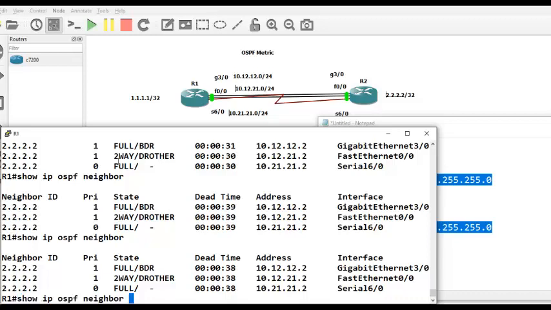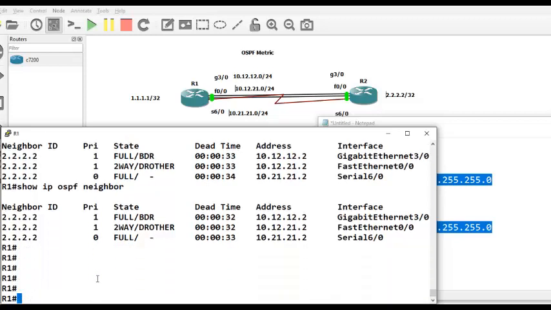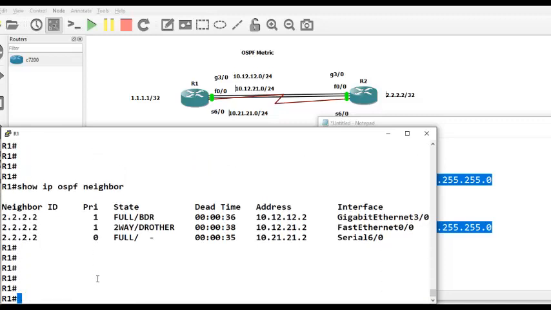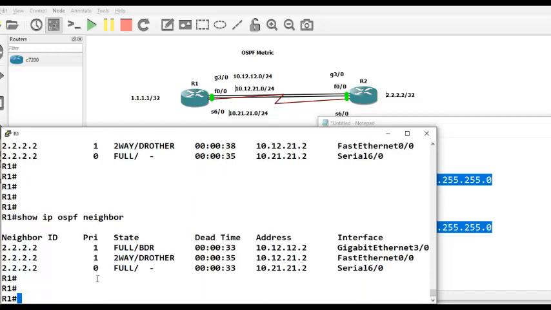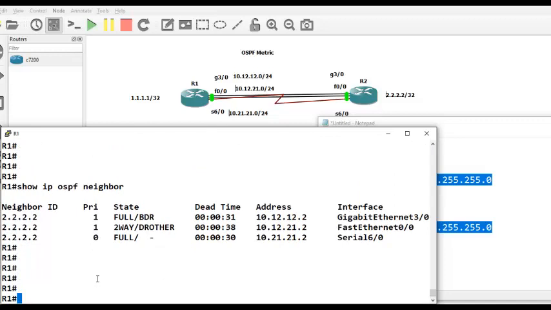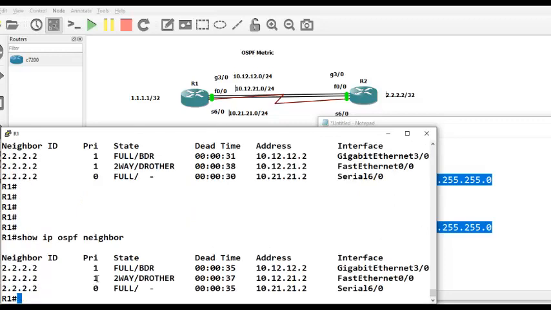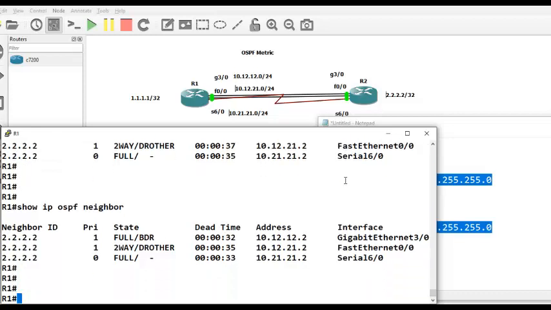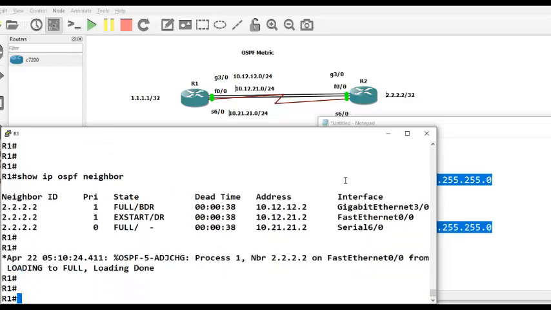This is in 2 ways, so I'm waiting. Start state now only. Okay, loading, full.